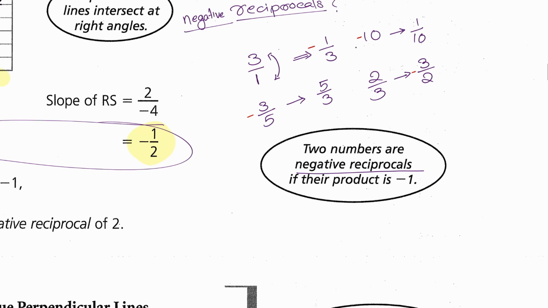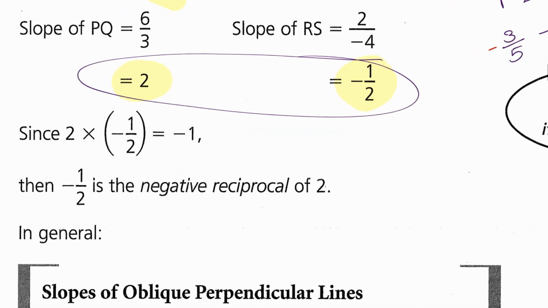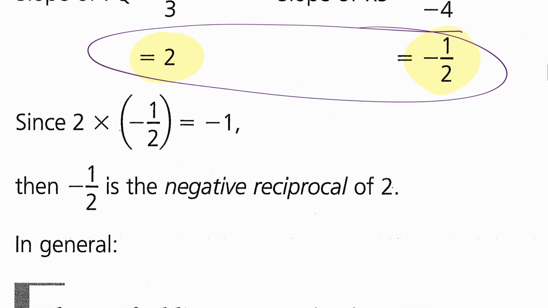And one more thing, when you're multiplying a number by its negative reciprocal, the product will be negative 1. Let's check. 2 times negative 1 half equals negative 1. You can verify this with your calculator.